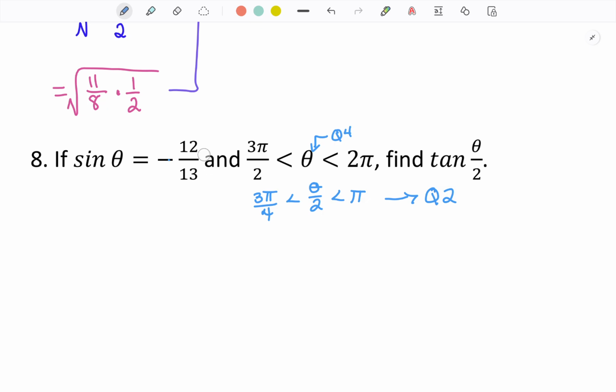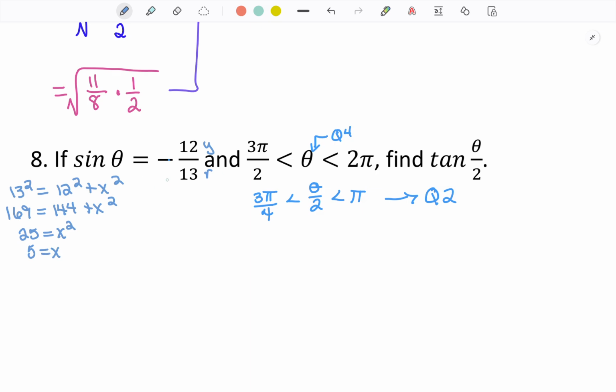Wait, this isn't tangent. This is y over r. So we should be able to find our x. We should have, let's see, 13 squared equals 12 squared plus x squared. So we've got 169 equals 144 plus x squared. And so when we subtract, we get 25 equals x squared, and so 5 equals x. So our x equals 5.